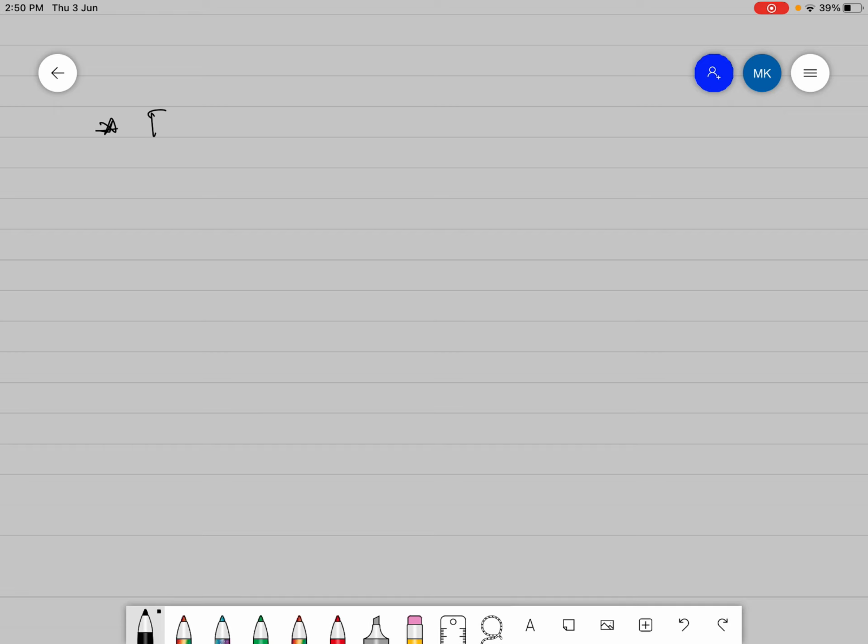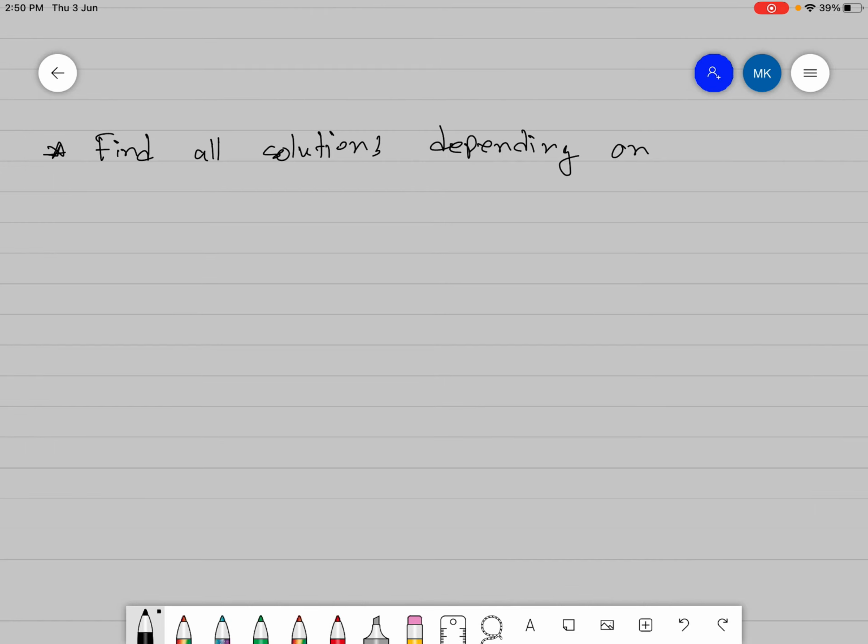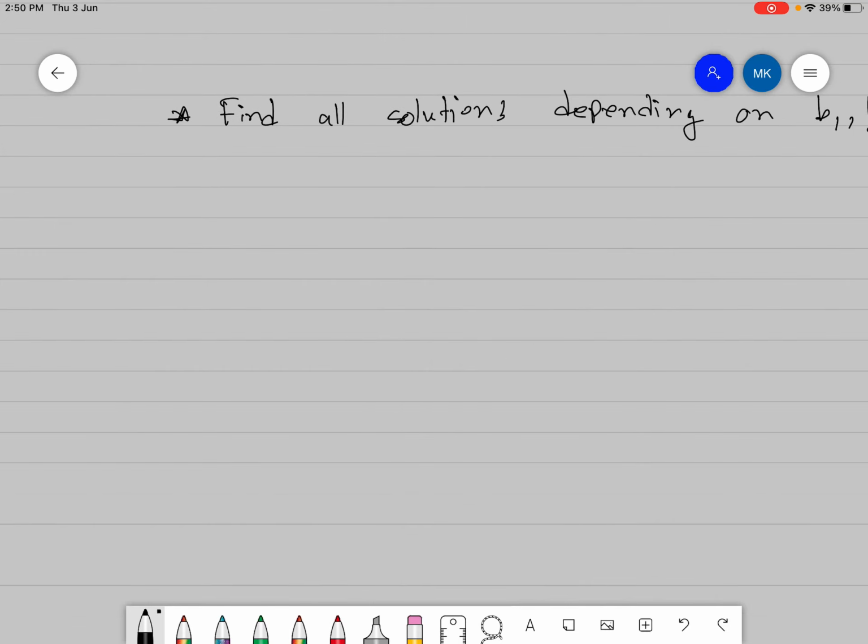The example is: find all solutions depending on B1, B2 and B3. So let's say you have this system of equations.